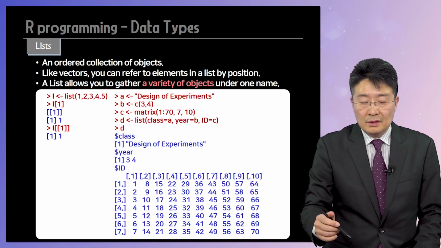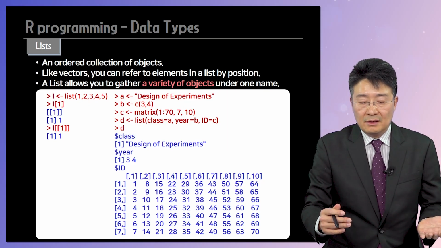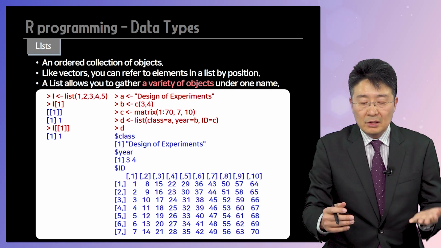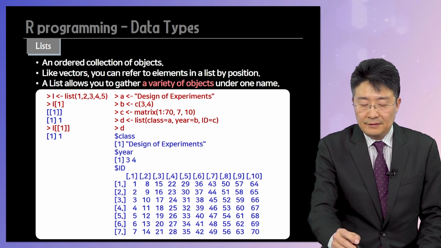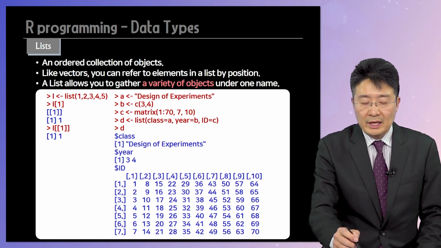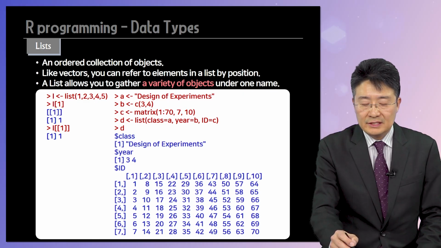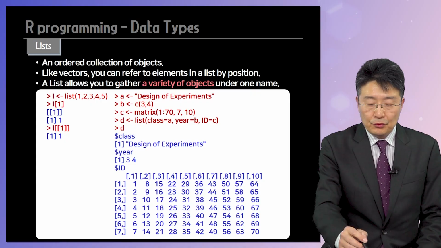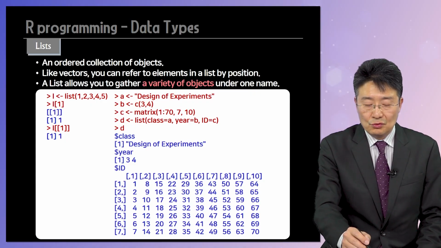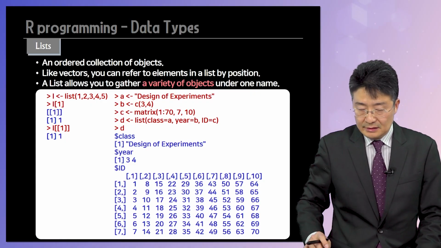So we can combine multiple objects in a list. We can define A, B, C, and combine all of them with the list function. If you type D in the R console, you can see the objects in here.